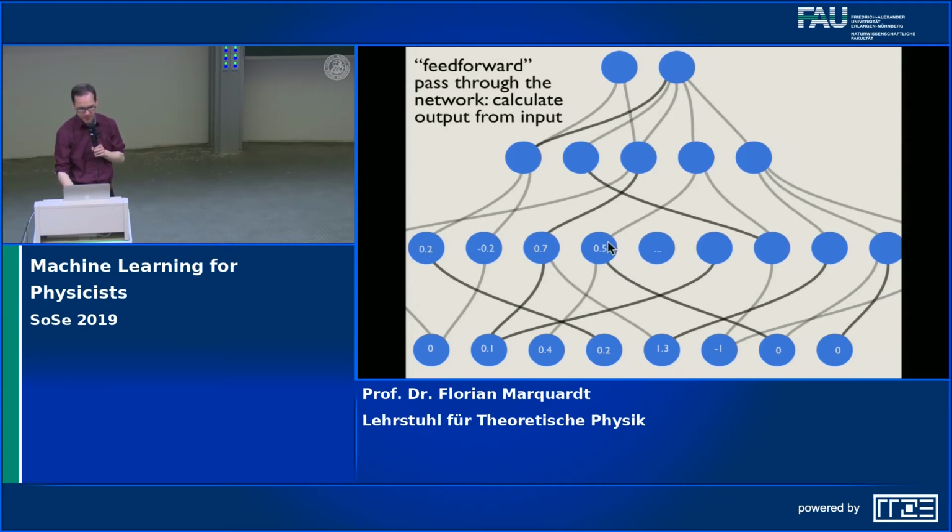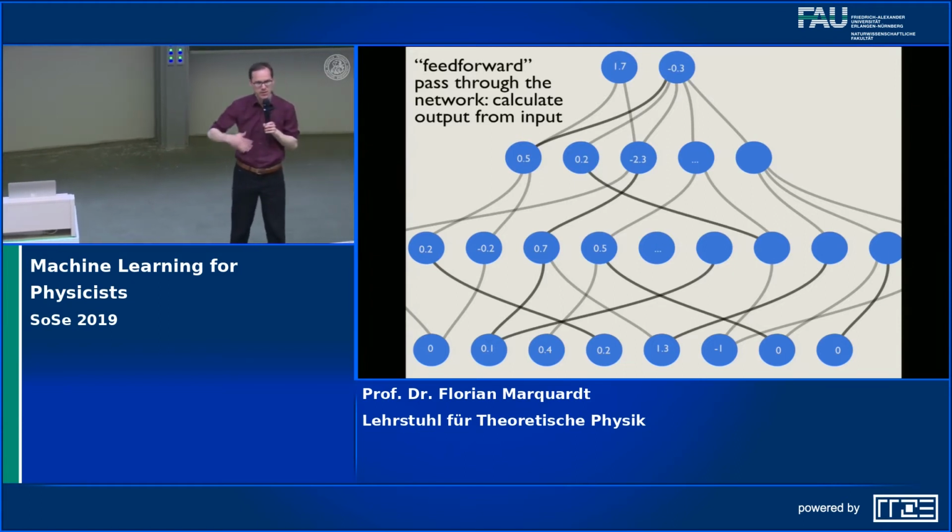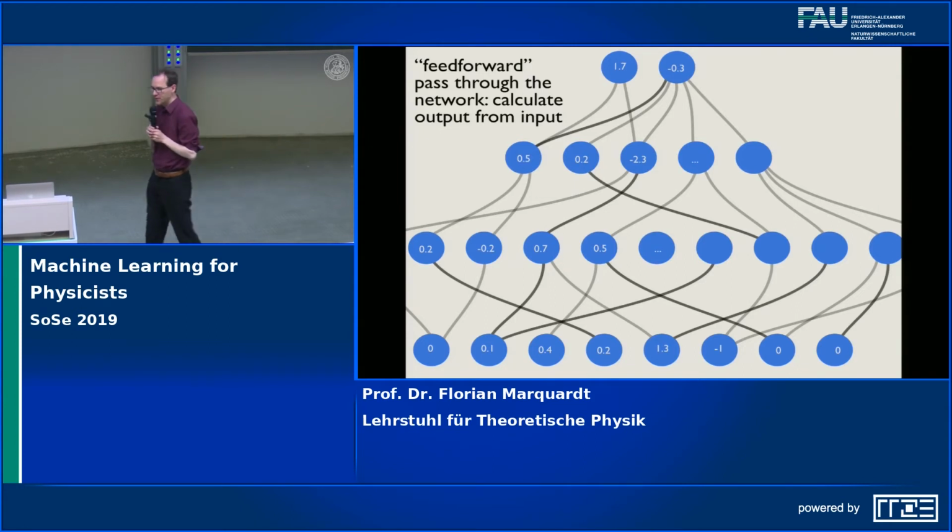And then I can do this for the higher layers, because now, of course, I can go to the neurons in the layer above because I know what I have to feed into those. And I go, and then finally I arrive at the output. And so this evaluation of the neural networks that I do layer by layer, it's called feed forward.